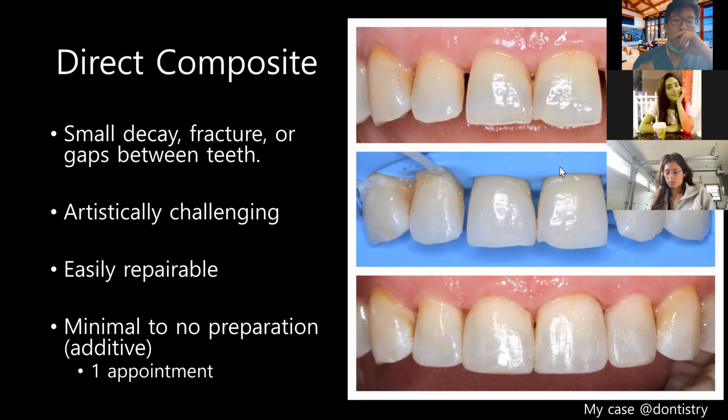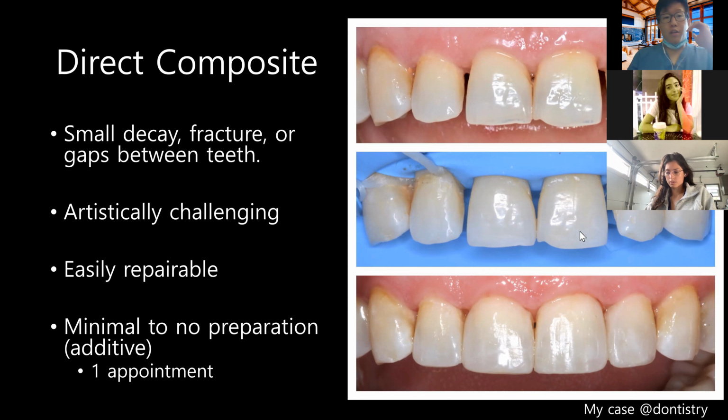But the disadvantage is because it's weak, it's not recommended for large restorations. I think in the aesthetic zone, it's very commonly used to close gaps between teeth. Going through braces is such a hassle and expensive, so if the gap is not too big, you can actually use composite to close those gaps. And also, if you have small decay or small chips on the front teeth, you can use composite to restore that instead of shaving down the whole facial surface for a ceramic veneer, right? It's more conservative.